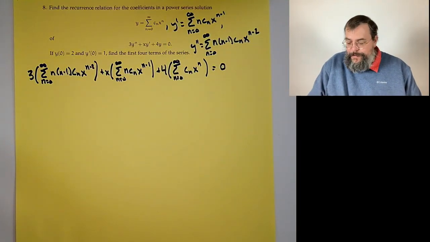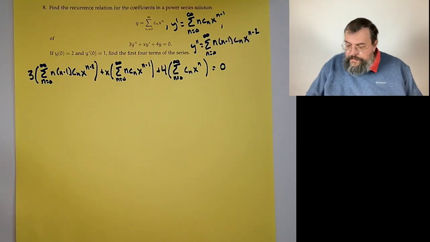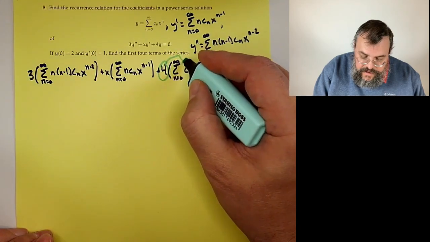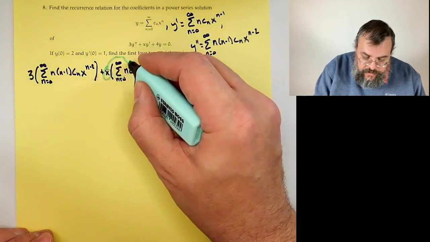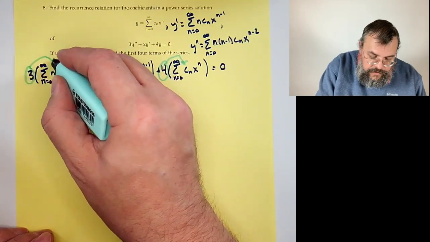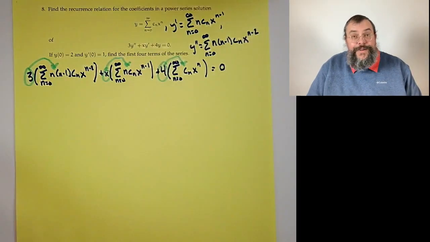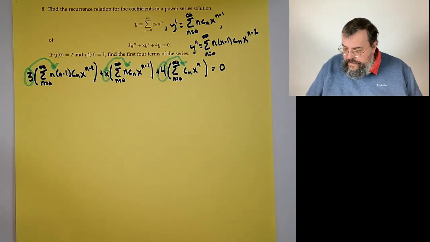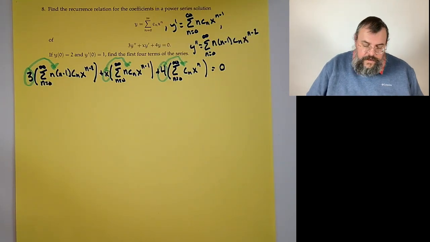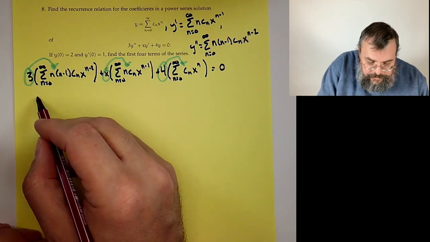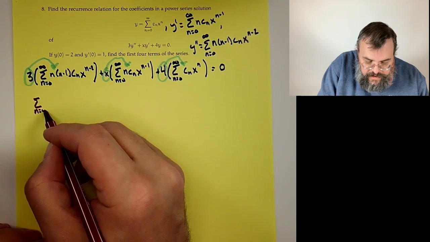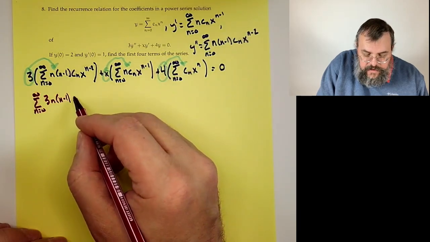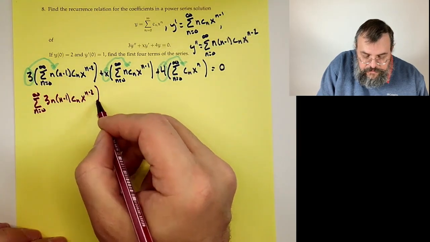All right. Well, good. Now we follow the flow. These patterns always have a nice flow. The coefficients are going to move in. X isn't a constant, so I should say coefficients. Coefficients move in. And so now we have the following. This will become the sum from n equals 0 to infinity of 3 n times n minus 1, c sub n x to the n minus 2.